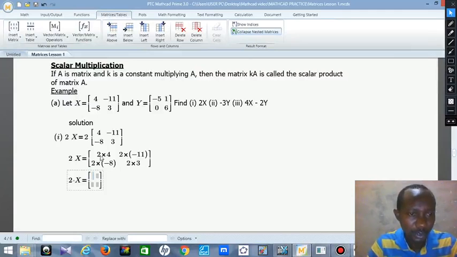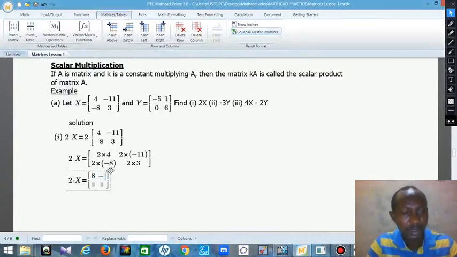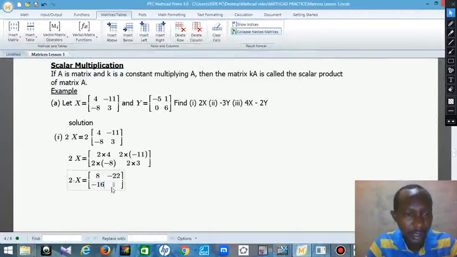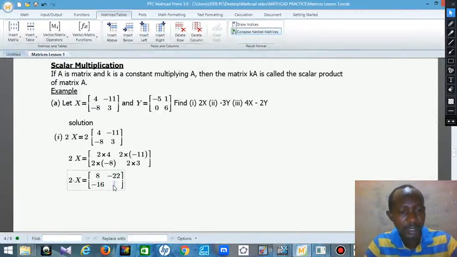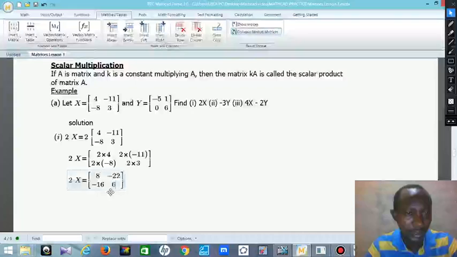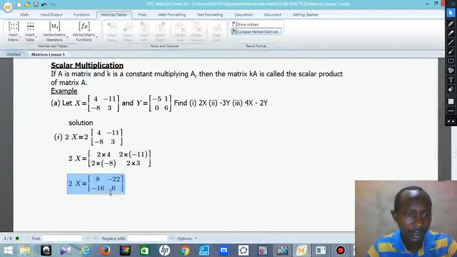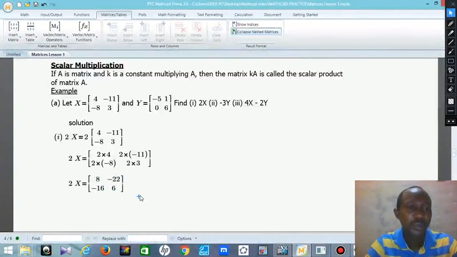2x will now be equal to, so 2 times 4 will give us 8. Then 2 times minus 11 will give us minus 22. Then 2 times minus 8 will give us minus 16. Then 2 times 3 will give us 6. So that is the answer of I. Very simple as that.